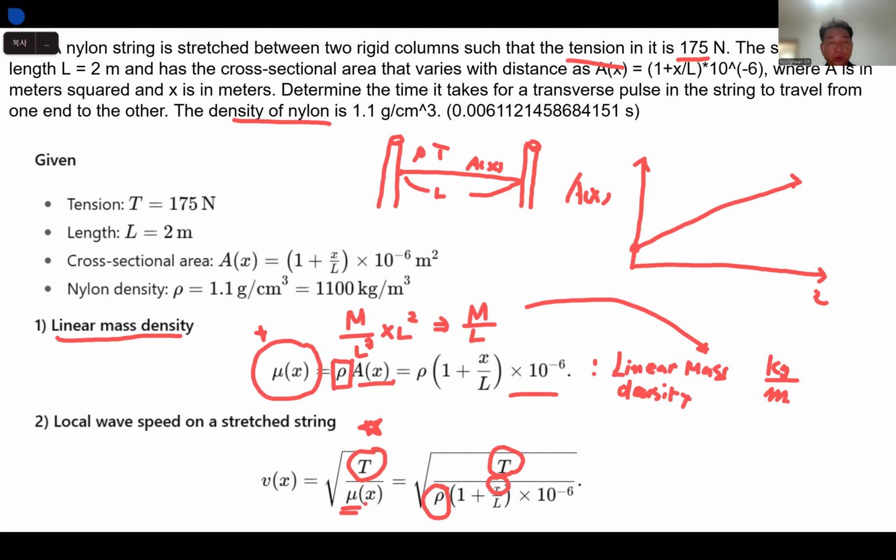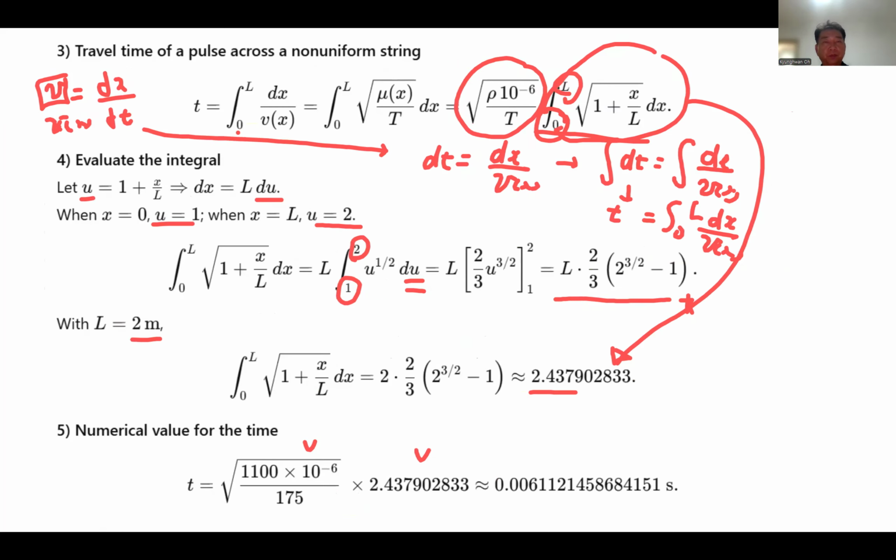So this is the formula we have learned. And then we note that velocity is a function of position. And then we want to find the time it takes from 0 to L. It is an integral form, and then we can get the time.